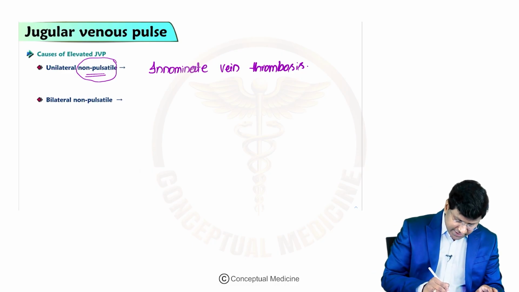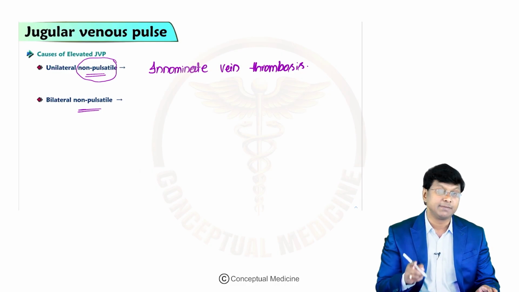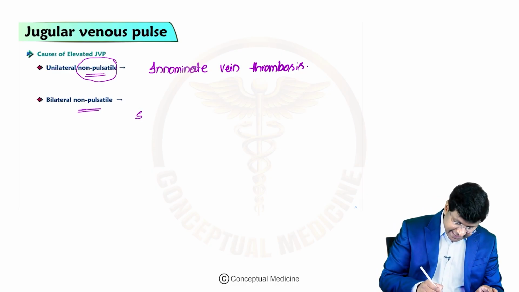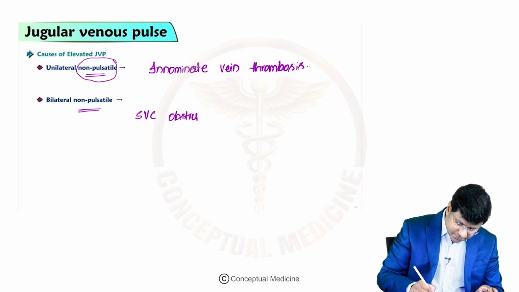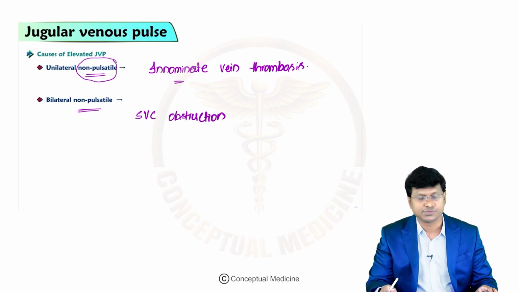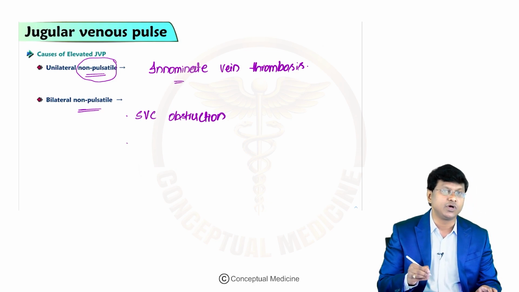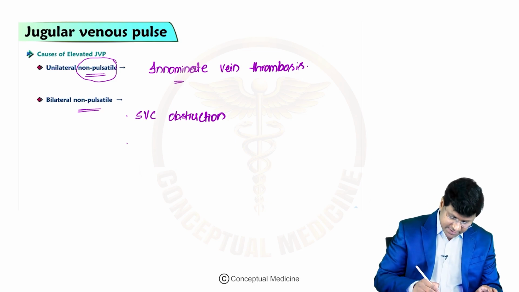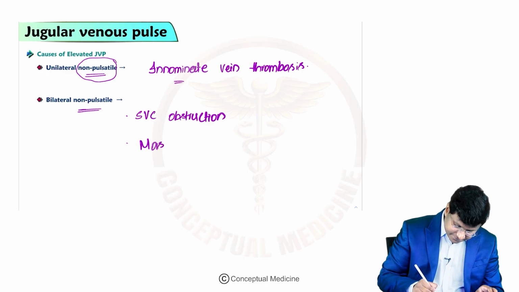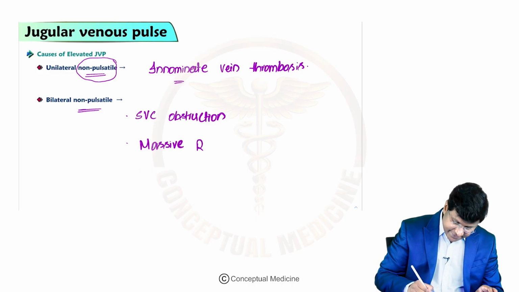Right? Now, what are the conditions where you have bilateral non-pulsatile increase? Bilateral non-pulsatile increase, you will have that in SVC obstruction. Whereas unilateral, it is innominate vein thrombosis, that is brachiocephalic vein thrombosis. And the other condition where you have bilateral non-pulsatile increase in JVP is massive right-sided pleural effusion.